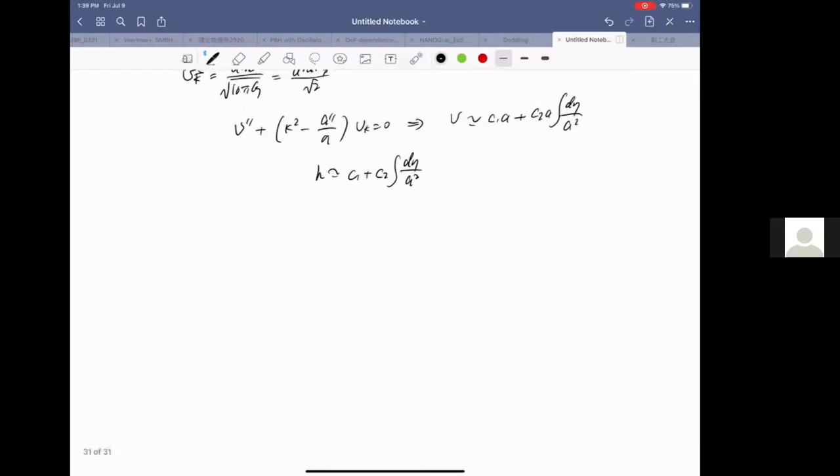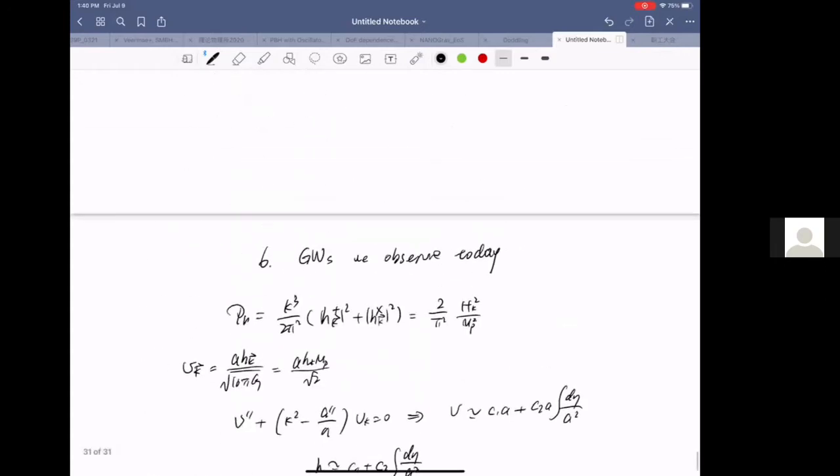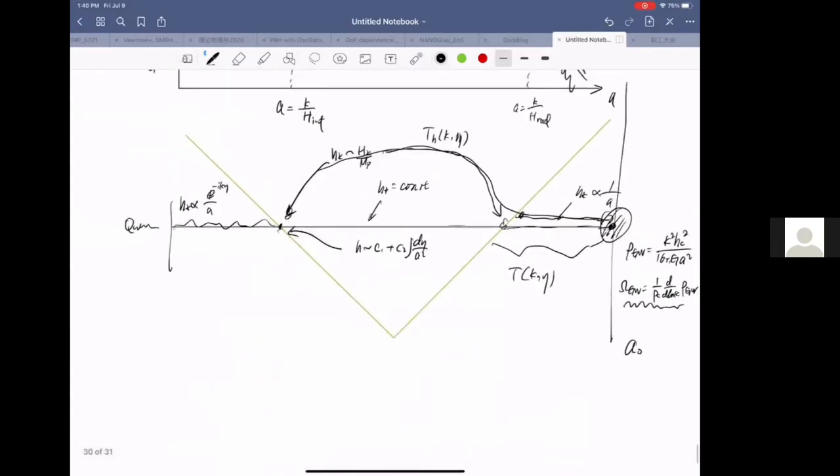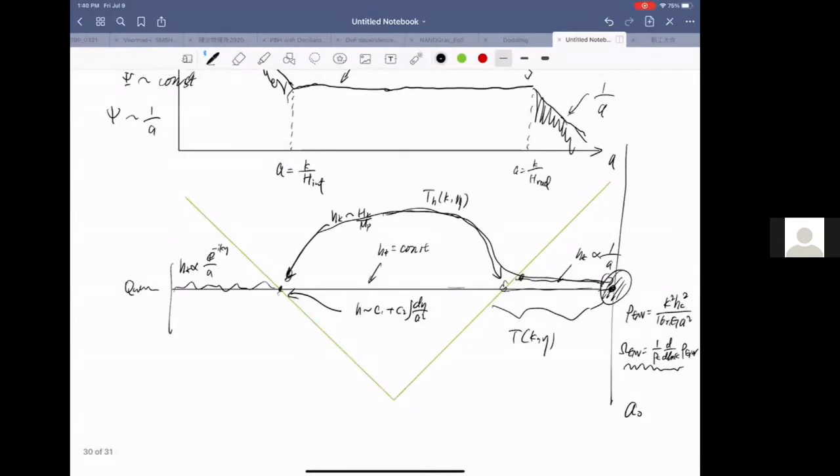So let's first consider the so-called long wavelengths. These are the modes that enter the horizon in the matter-dominated era. Let me just change this a little bit. It's for these modes.